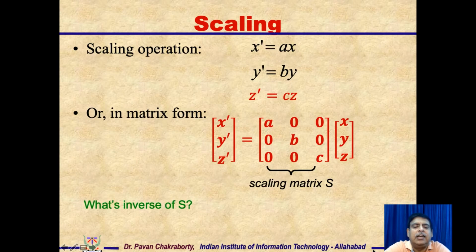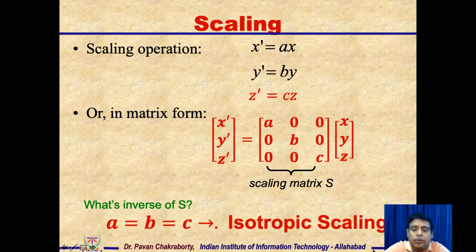And what is the inverse of S? The inverse of S can exist if a, b and c are not equal to 0. And for isotropic scaling or uniform scaling, a has to be equal to b, which has to be equal to c.